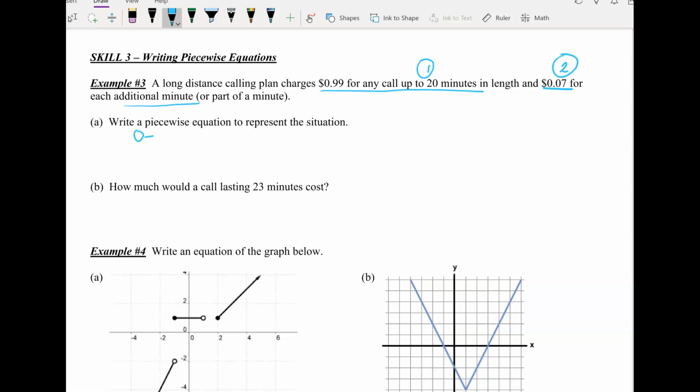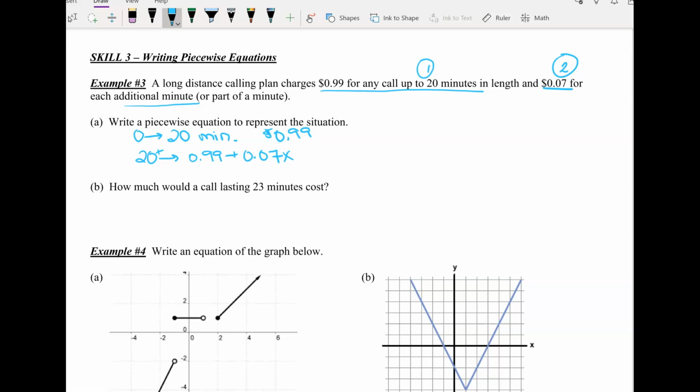So if I go 0 to 20 minutes, I'm only paying 99 cents, right? But anything beyond, so we'll say 20 plus, is going to be this 99 cents plus 7 cents per minute. But something to think about. Okay, if we call 21 minutes, right?